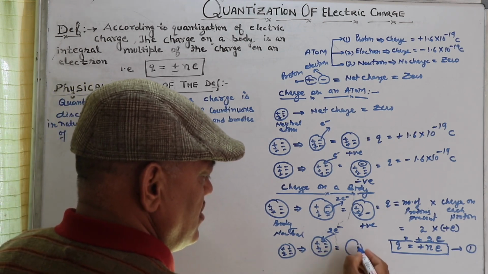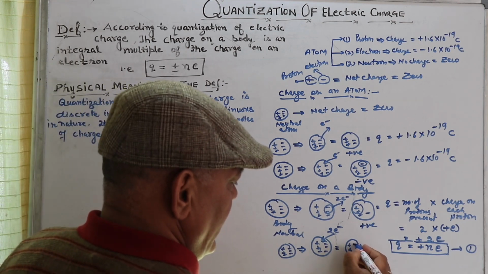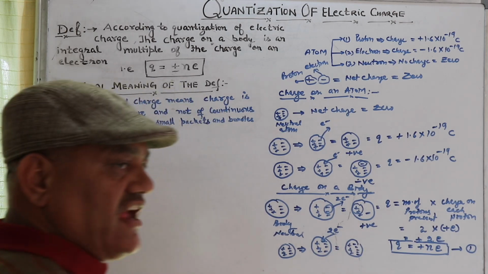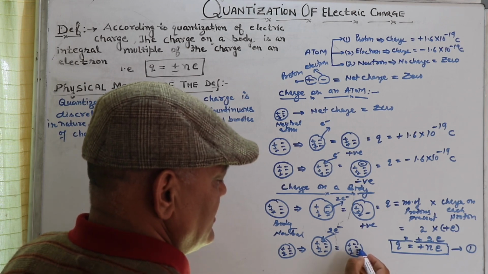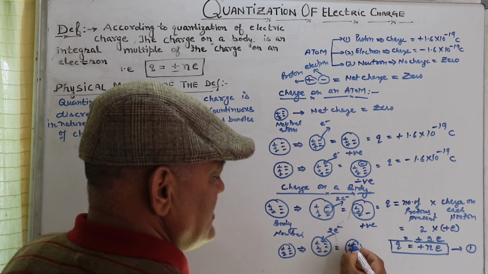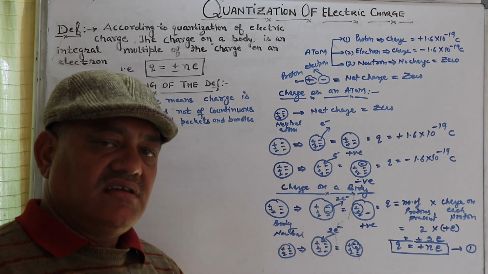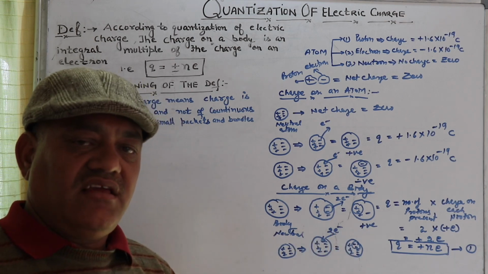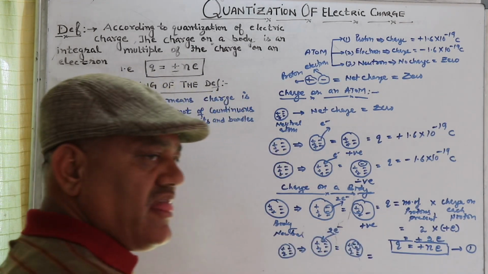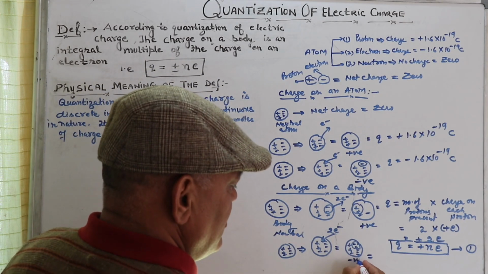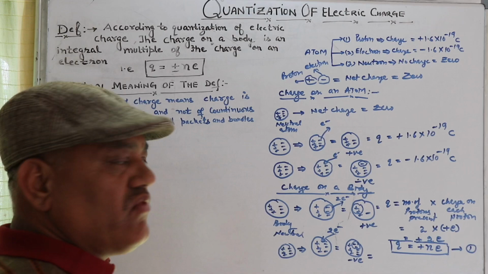So it now has 3 protons and 5 electrons. Now these 3 protons neutralize these 3 electrons, but in this case there are 2 electrons still present inside the body which are not neutralized. Therefore this body acquires the negative charge due to these 2 electrons which are added from the outside.